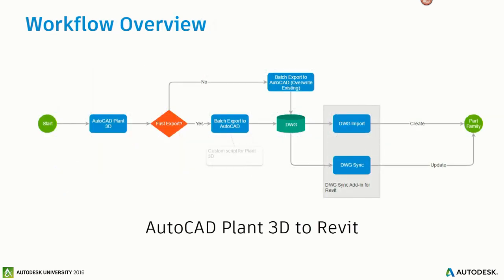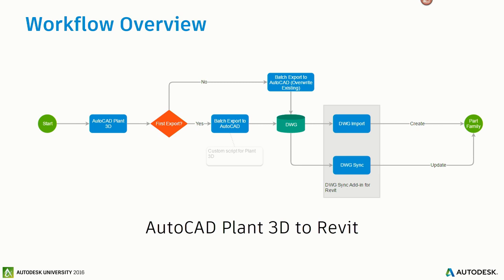So this diagram here shows what we're going from AutoCAD Plant 3D to Revit. We're kind of exporting out of Plant 3D, and we'll explain why we have to do that through the process here in a little bit. And we do have a way to kind of batch export that out to help automate that a little bit. So we go into a DWG file, and then we've got a new utility that just came out last Thursday from the Autodesk Labs.